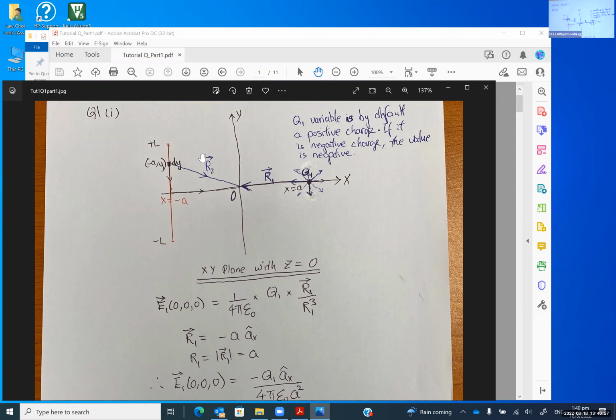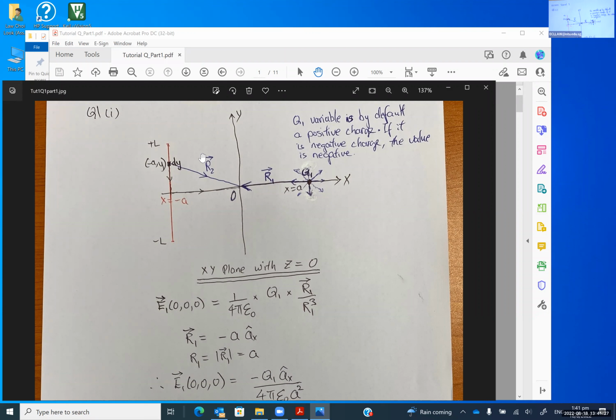The y value is variable and x value is minus A, and z value is 0. Yes, excellent. Okay, so always choose it along the line. In this case, along the line charge, the z value is 0, right? We know, and the x value is minus A, right? The y value, we choose it to be a positive value.